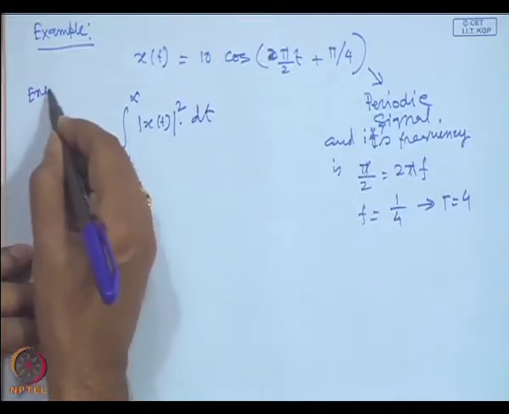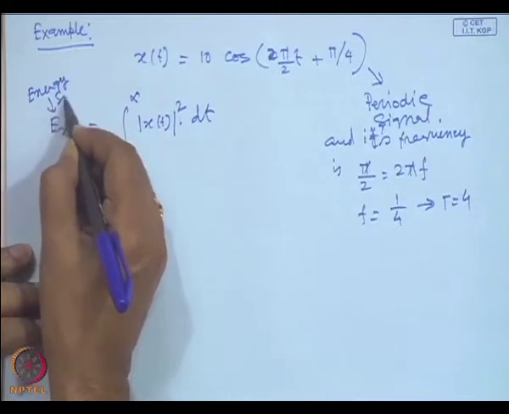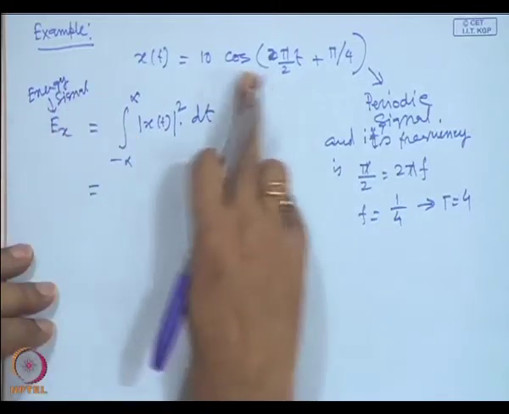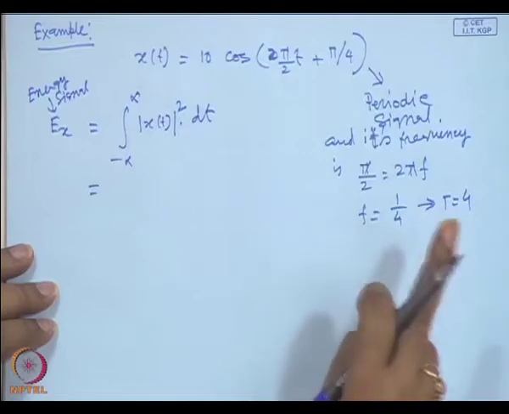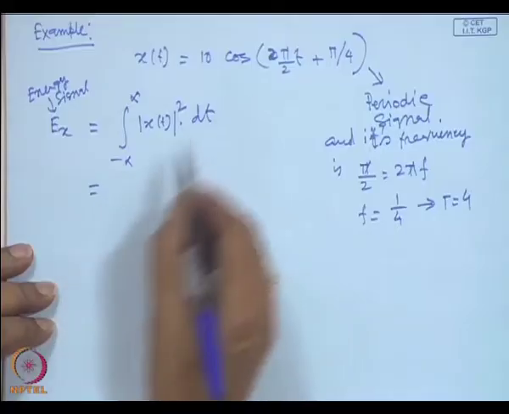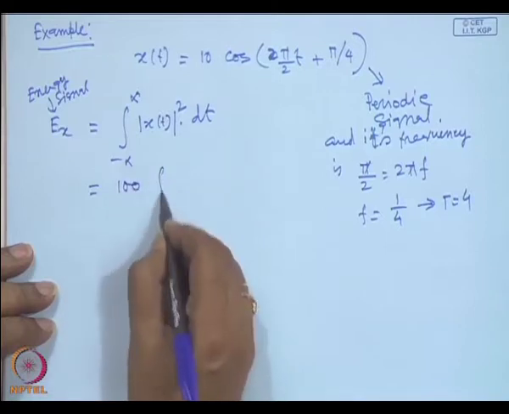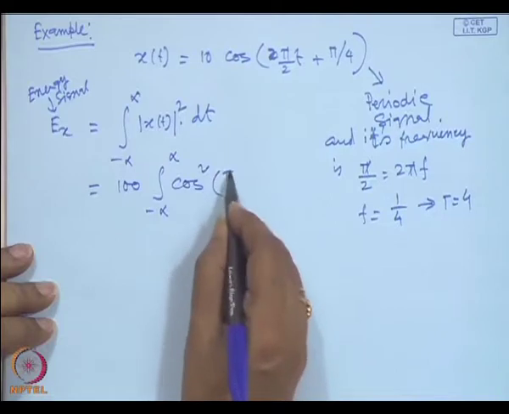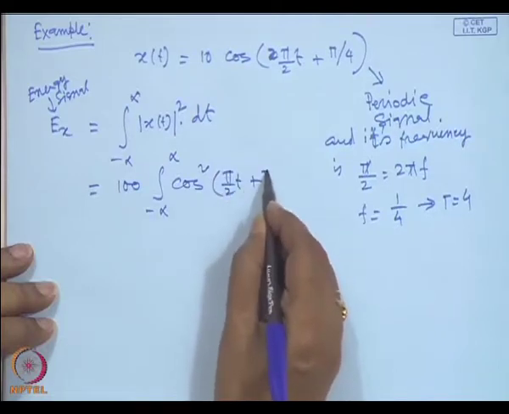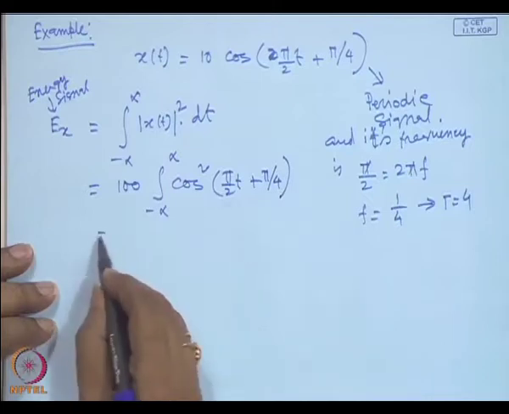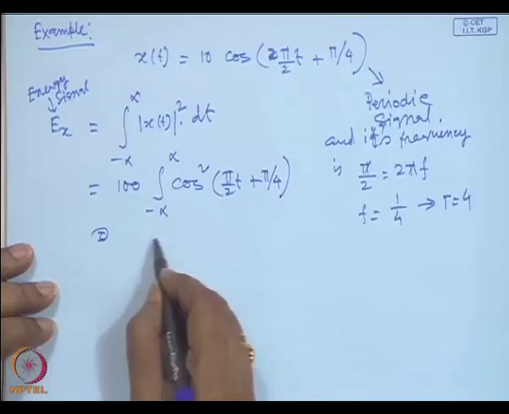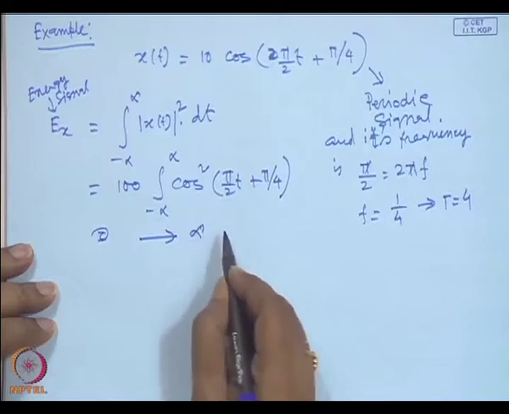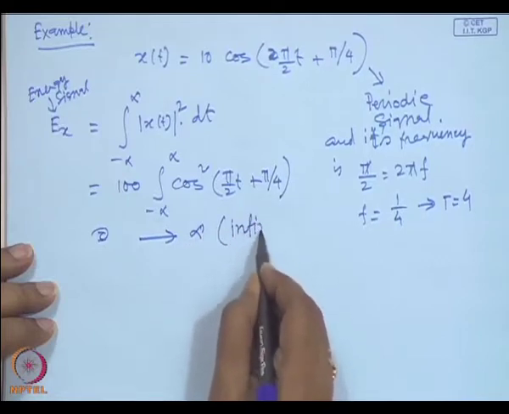If you use this energy definition, I told you this signal does not tend to 0 as t tends to infinity. So if you apply the energy definition, the value will be 100 times the integral from minus infinity to infinity of cos squared of pi by 2 t plus pi by 4, and this results in infinity, that means infinite energy.